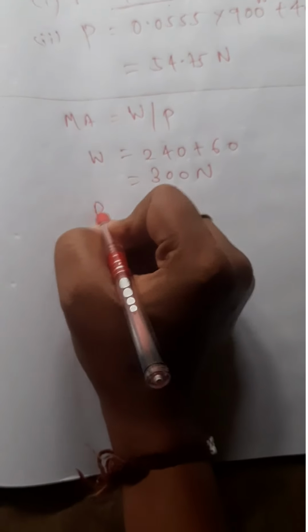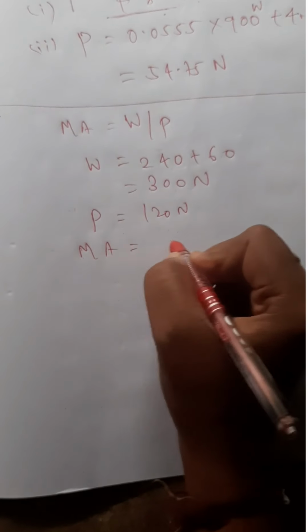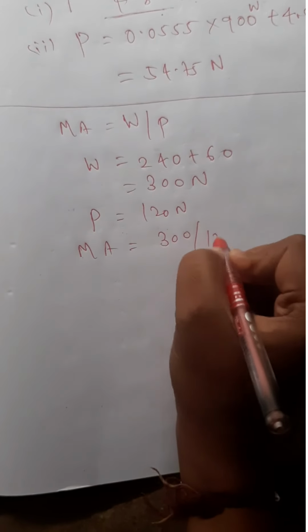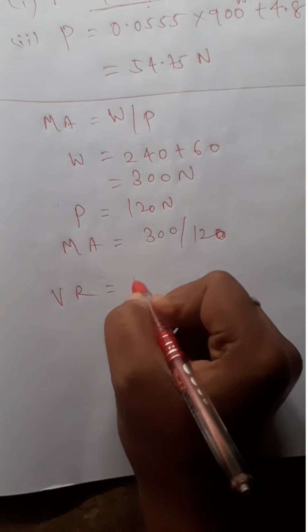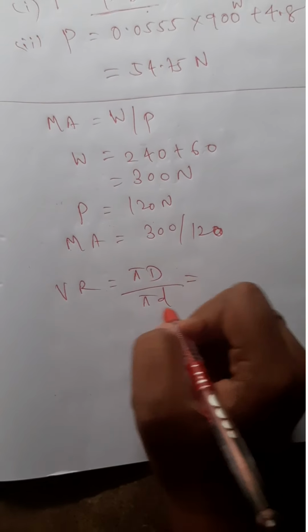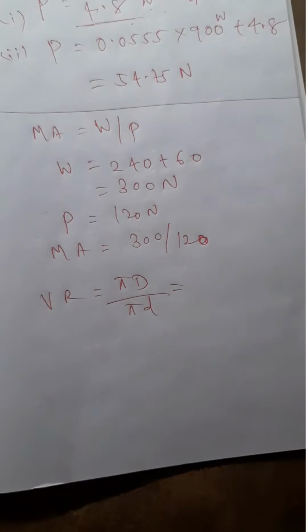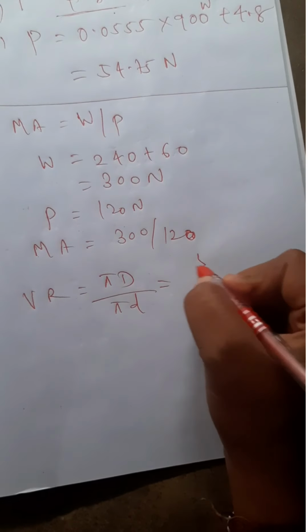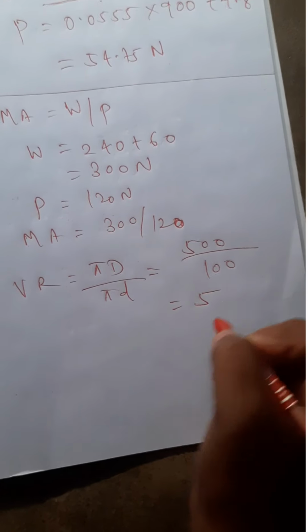The effort force applied is 120 Newton. So the mechanical advantage is 300 by 120. What will be the velocity ratio? Velocity ratio is pi capital D by pi small d. I have already described how this formula comes. The value of capital D is 500 and small d is 100, so the velocity ratio is 5.